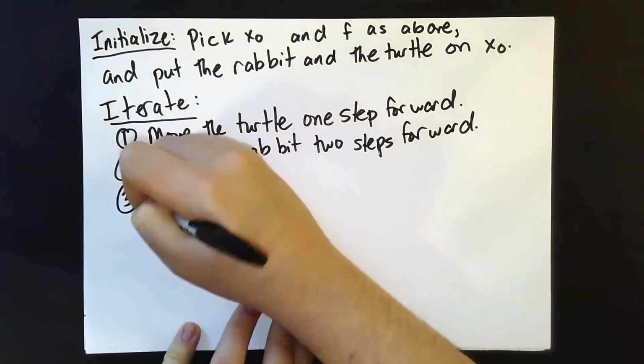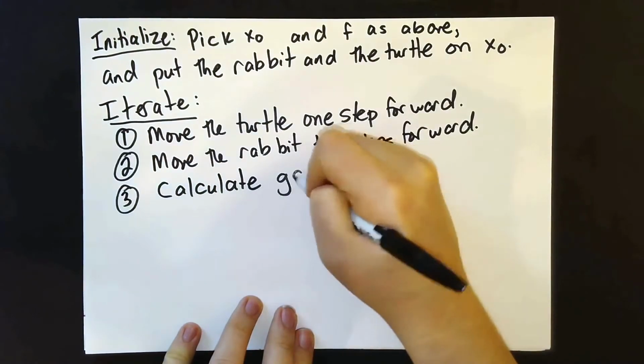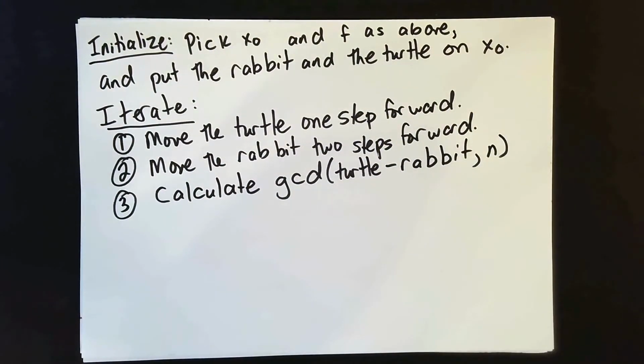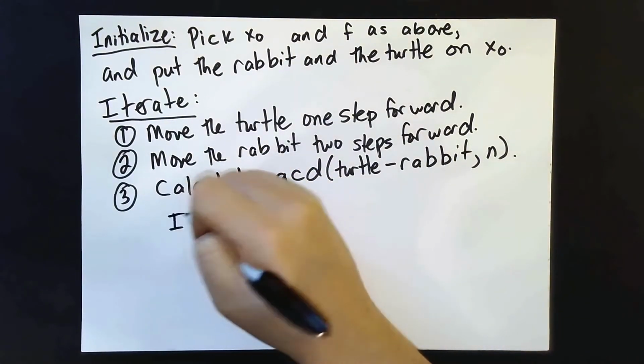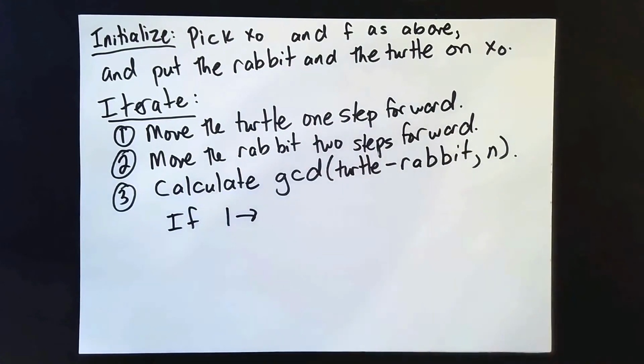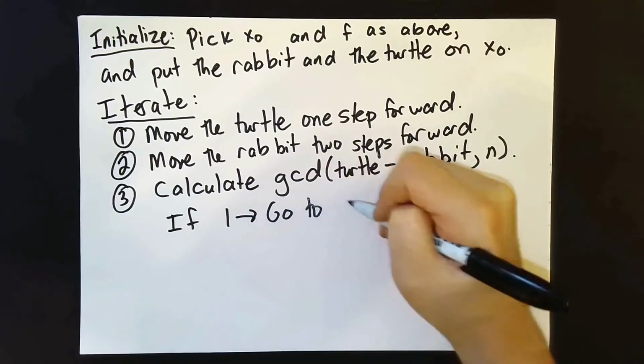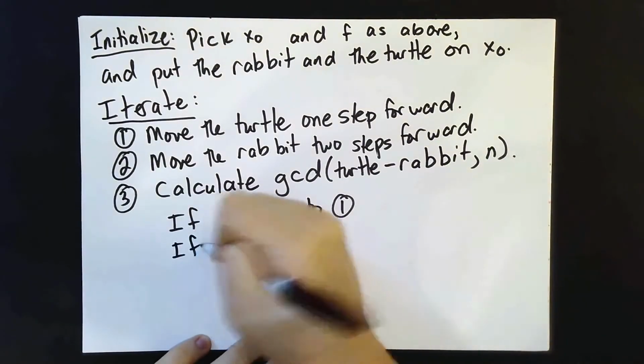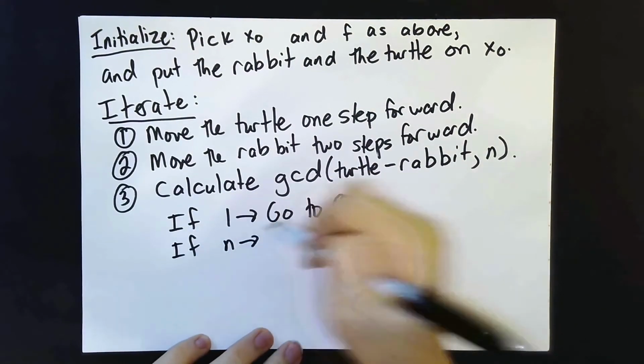So to uncover that, we're going to calculate the GCD of the turtle's number minus the rabbit's number with n. Based on what the answer is, we're going to do one of several different things. If that GCD is 1, which is what I expect to happen most of the time, then I'm just going to start the next iteration. It is possible that when you calculate this GCD, you'll get n.